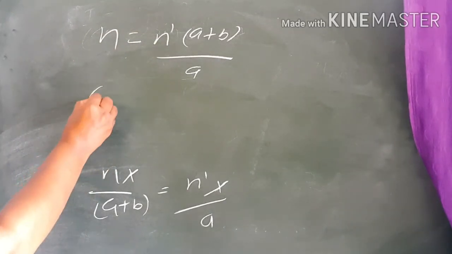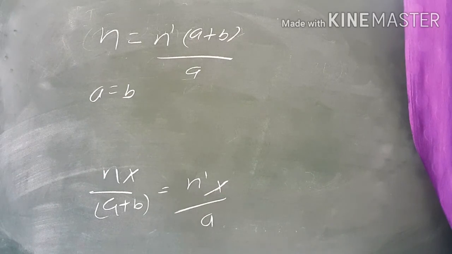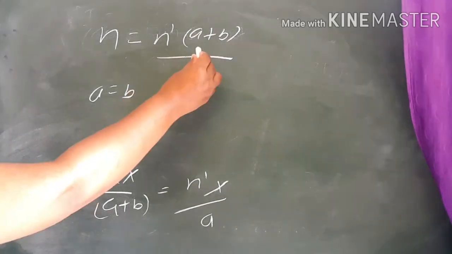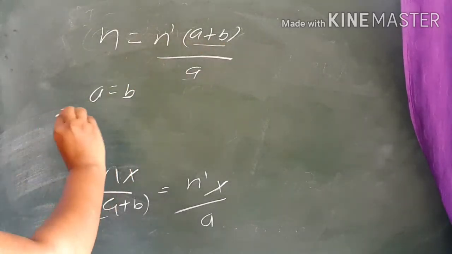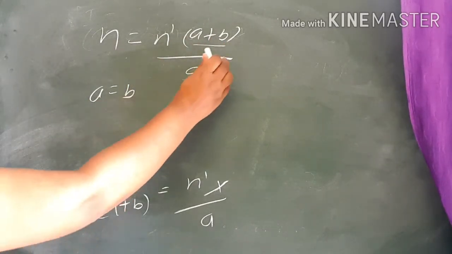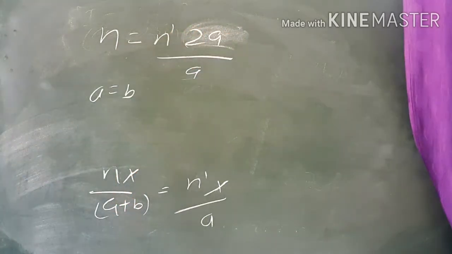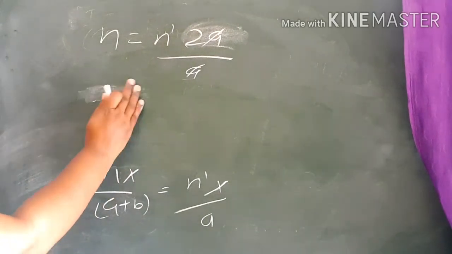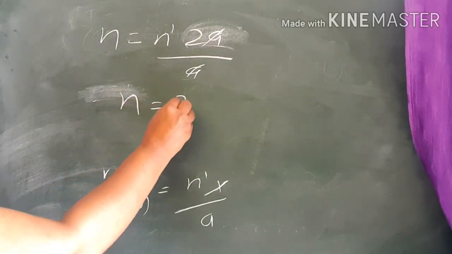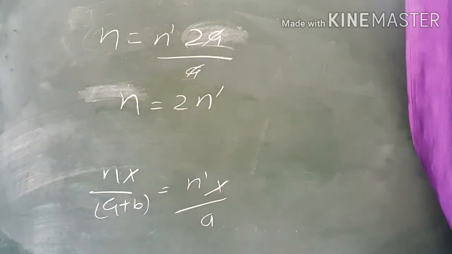If A and B are the same, if the width of the slit is equal to the separation between the two slits, then (A plus B) by A is equal to 2A by A. This cancels out, and we have n is equal to 2n dash.